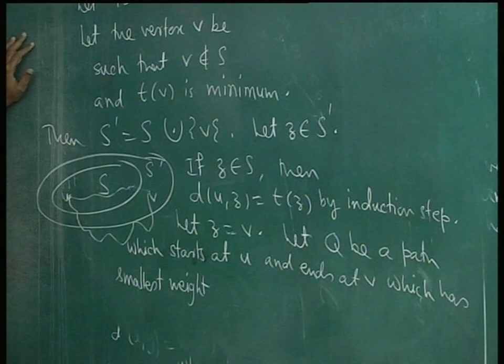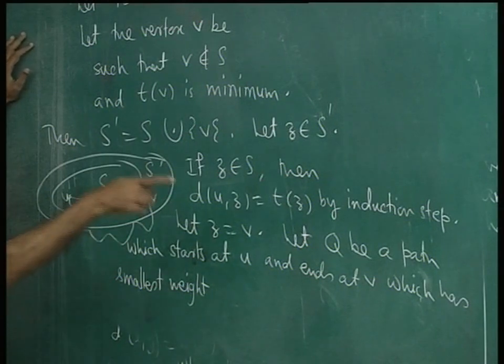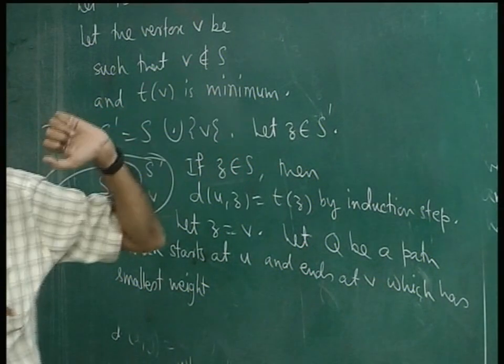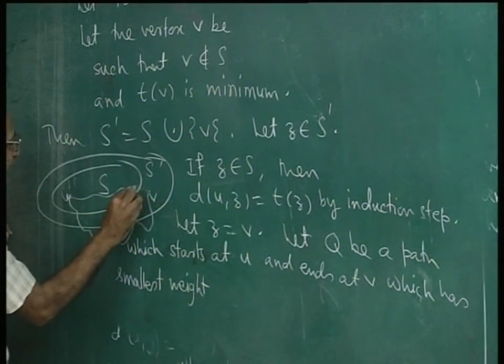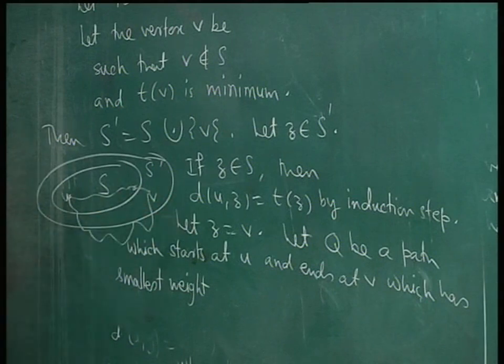Can that really happen, that I actually have a path? Because what number 2 is saying is that when you go directly from S to V, T of V is the weight of the shortest path.